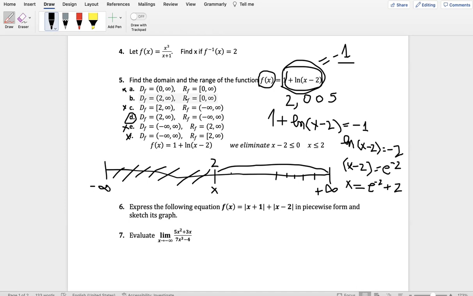You guys know the definition of functions: 1:1, right? One value of x in the domain is equivalent to one value of f of x in the range, and similarly, one value of f of x in the range must be equal to one value in the domain, because the function is 1:1.